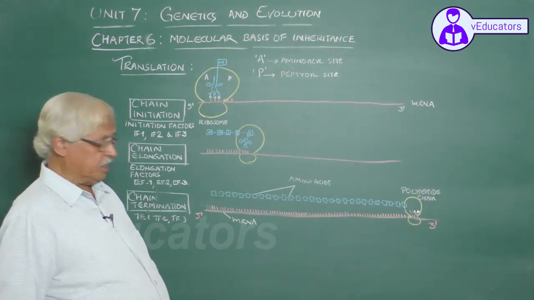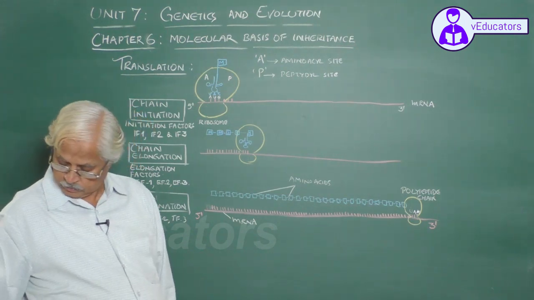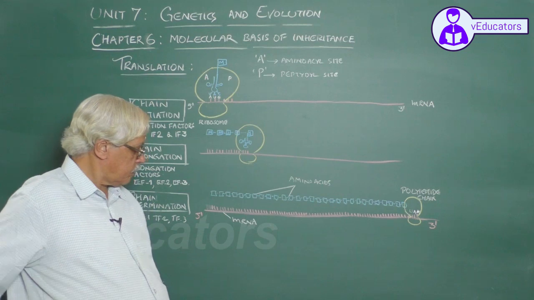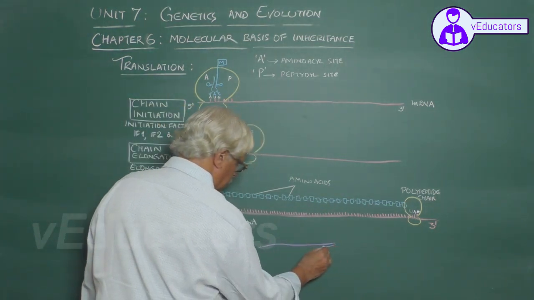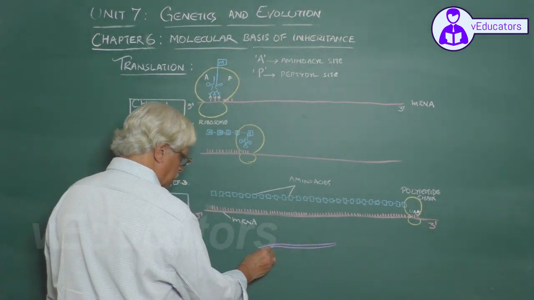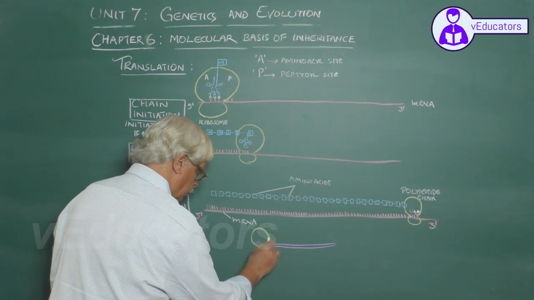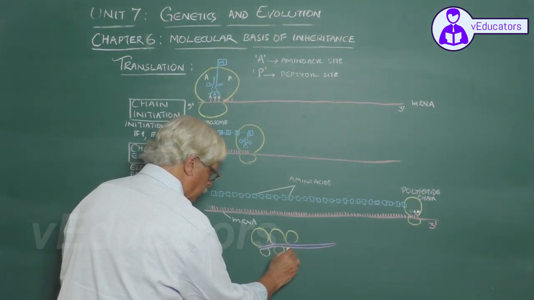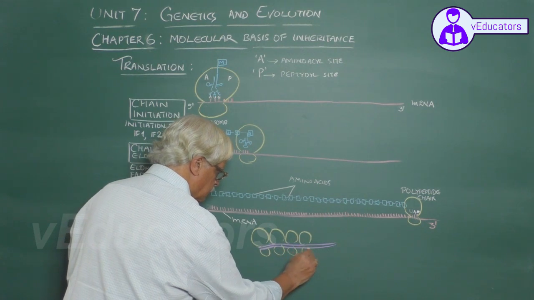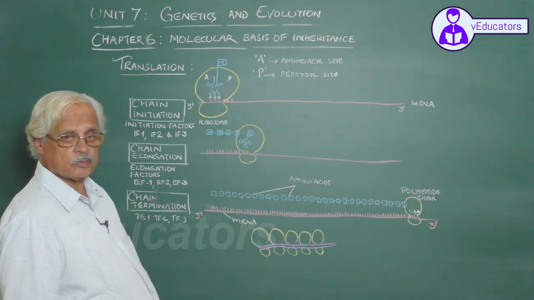There is another possibility. We have seen that in the cell, some branches of endoplasmic reticulum contain on their branches a series of ribosomes.